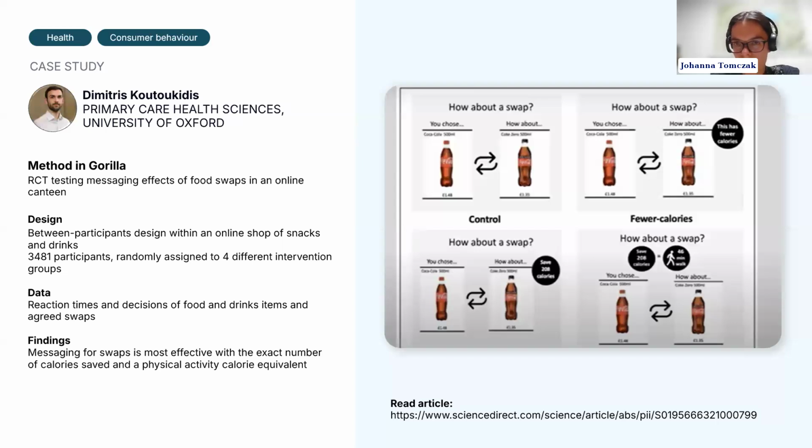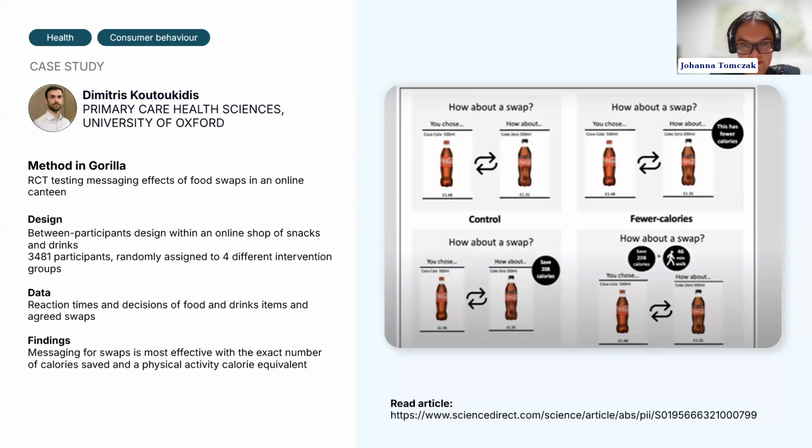In the top right corner, you can see there's one messaging, this black circle there. I don't think you can read it on your screen, but it says this has fewer calories. So we're offering a different item instead of the first choice of the participant, and we have this message there.